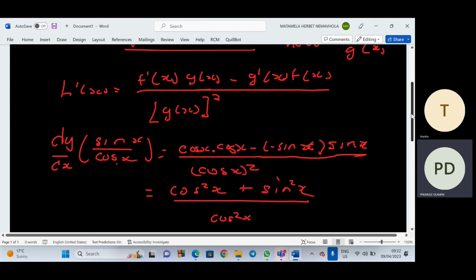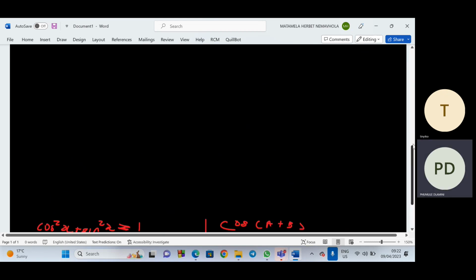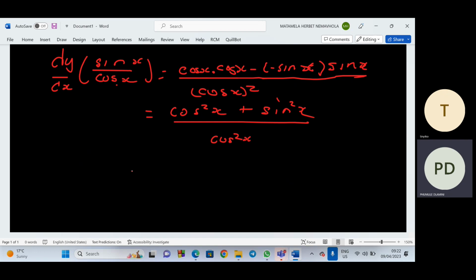Okay, so, back to the question: when we write it, it is going to be equal to cos squared x plus sine squared x over cos squared x, which is 1 over cos squared x.